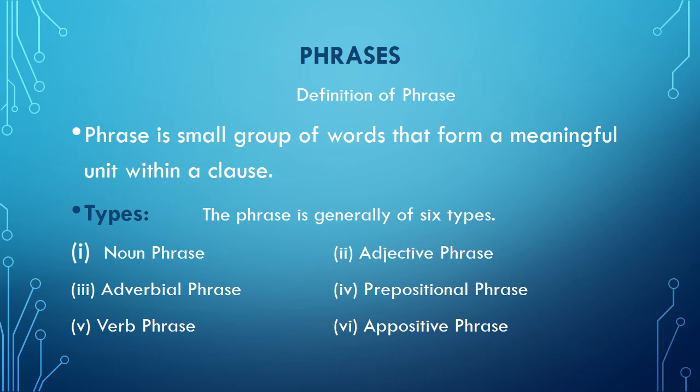So a phrase is a small group of words that form a meaningful unit within a clause, within a sentence. However, it lacks both subject and object, but it completes the idea or thought of a subject.